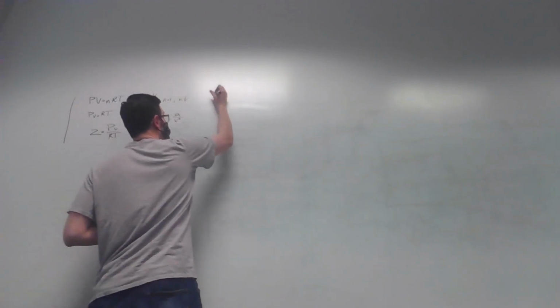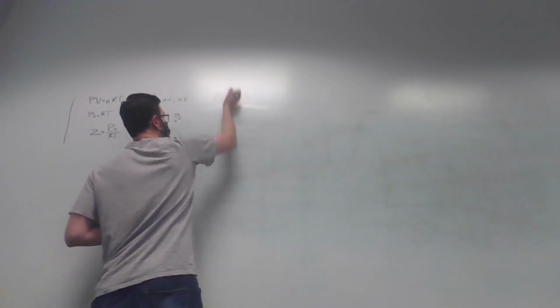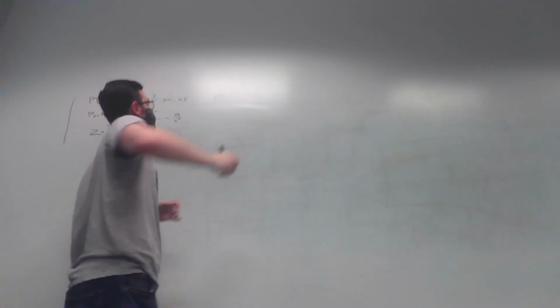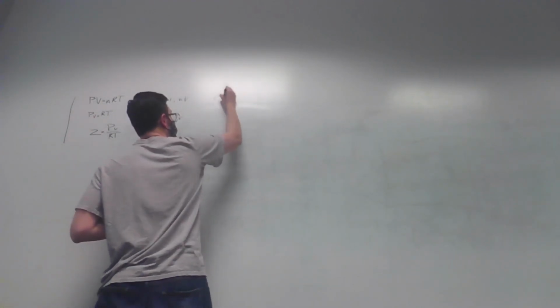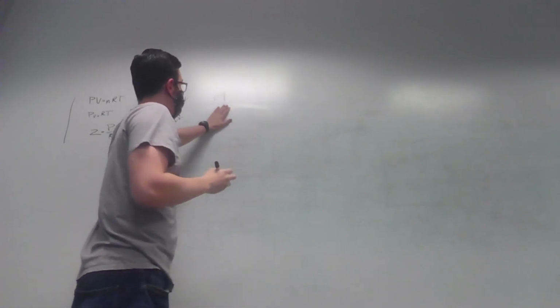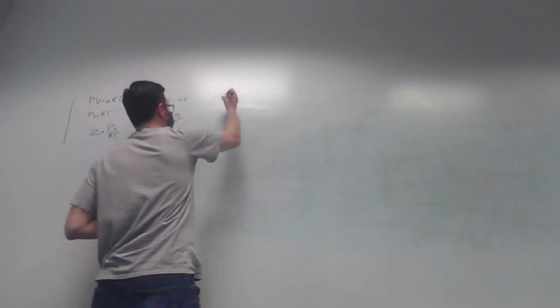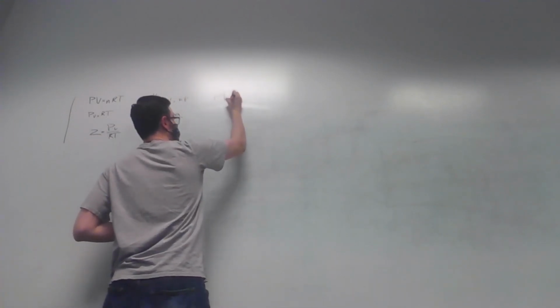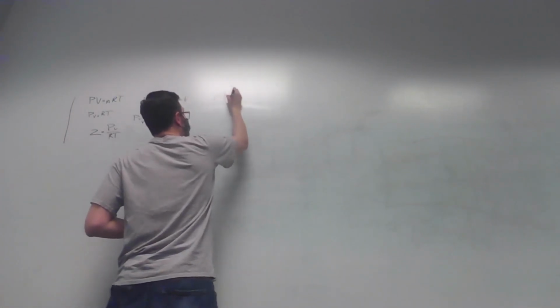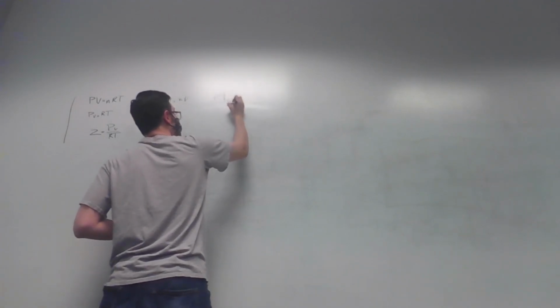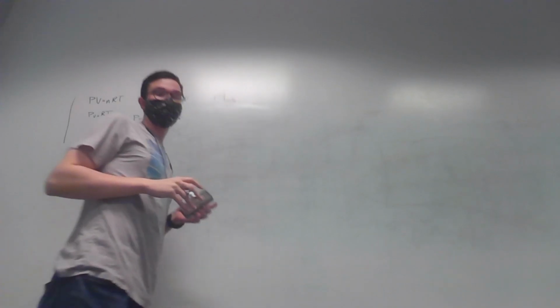Call it P prime, the derivative of the van der Waals equation. The important thing is that this can only equal 0 at the critical point, so temperature equals critical temperature, and volume equals critical volume.